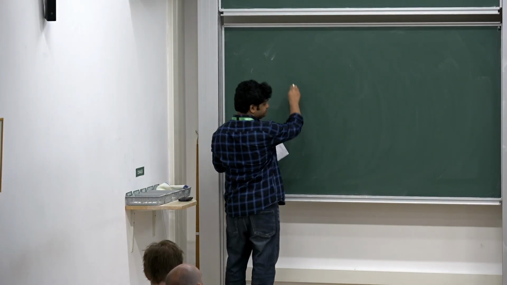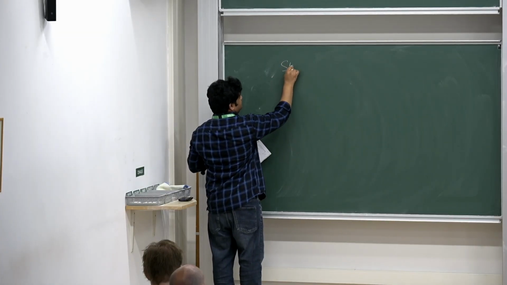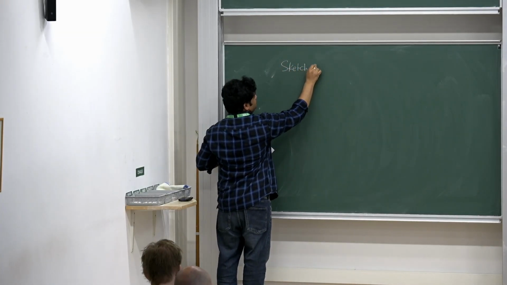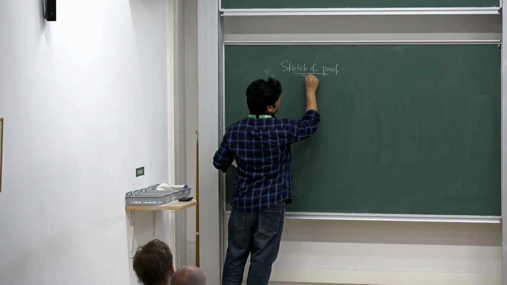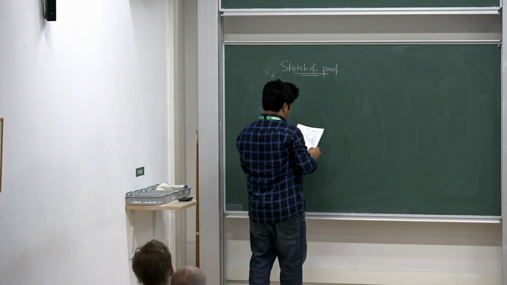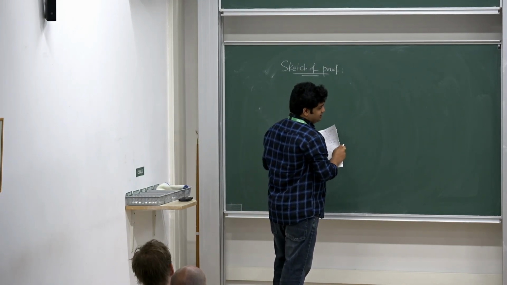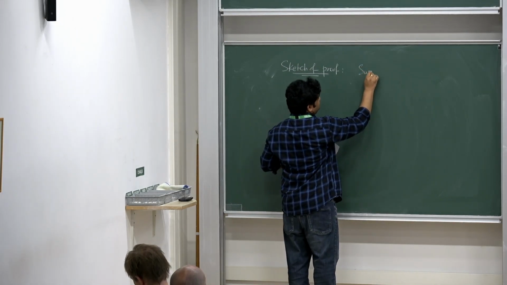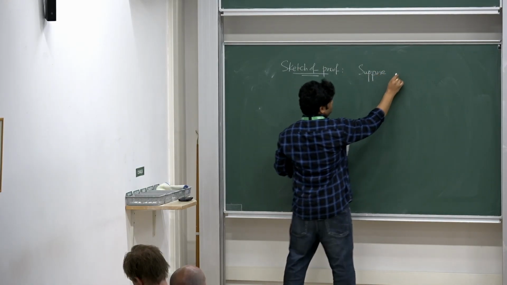So we'll assume that this is false. So suppose, we have examples where it is discrete and faithful.